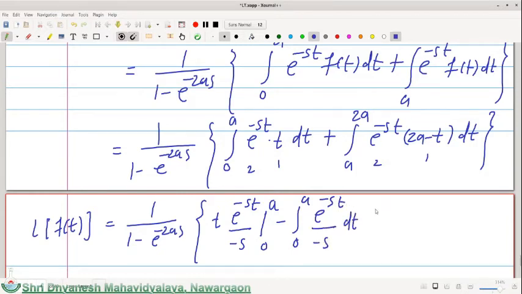Okay, next integration: first into integration of the second function, which is e to the power minus st upon minus s, with limits a to 2a.